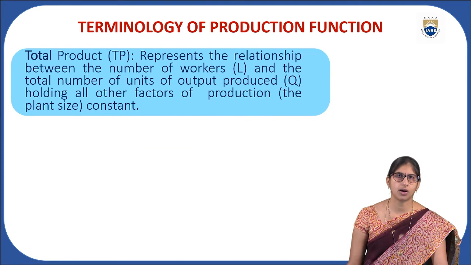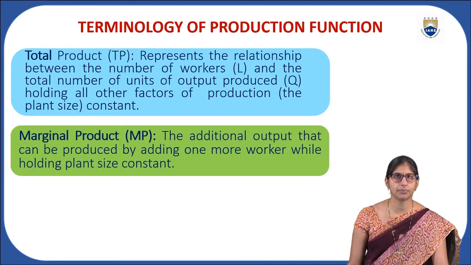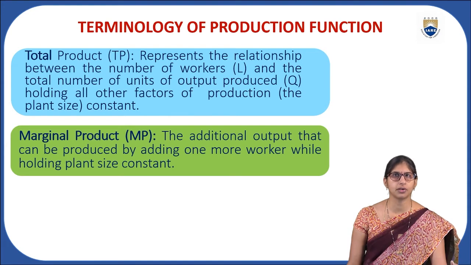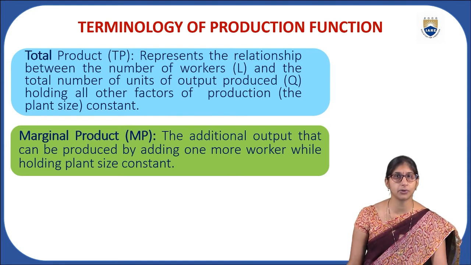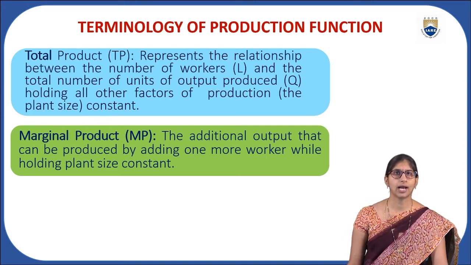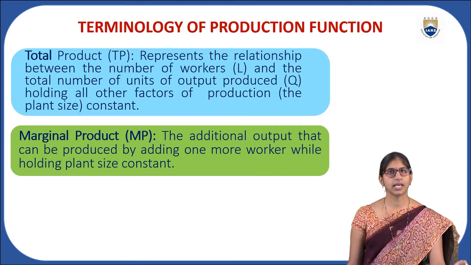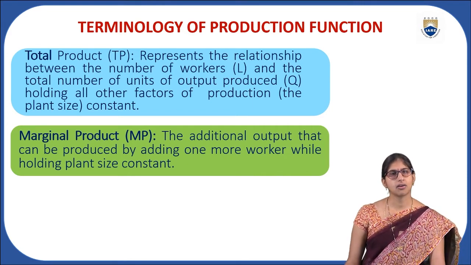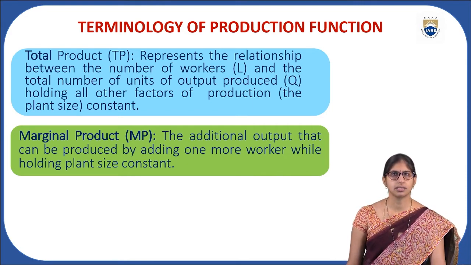Marginal product is the additional output that can be produced by adding one worker while holding land or size constant.